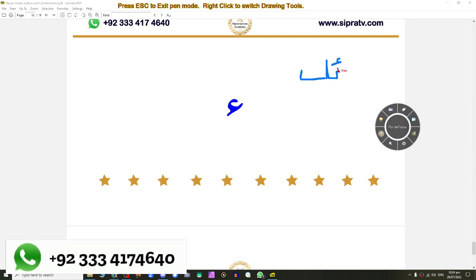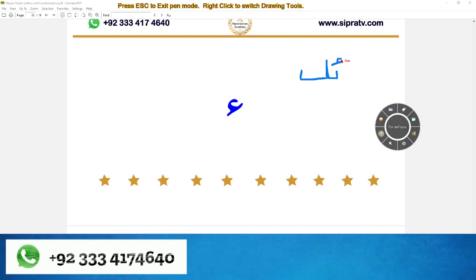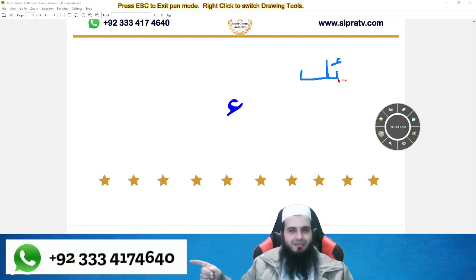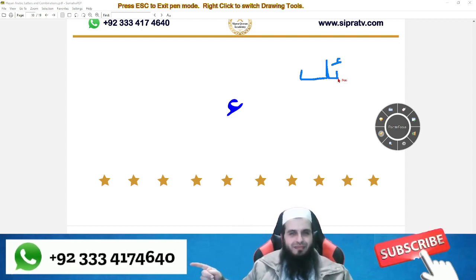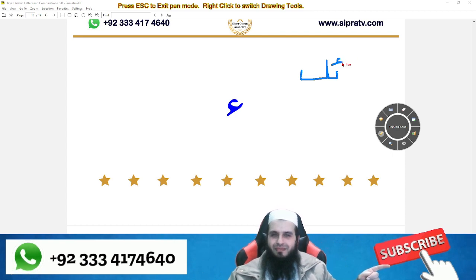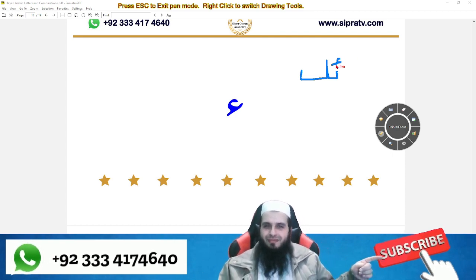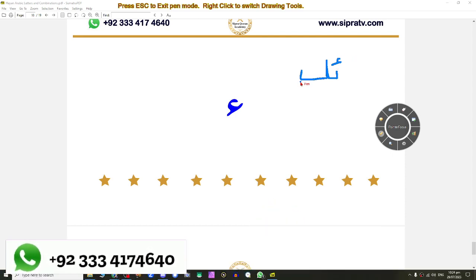There will always be a gap. One spike will be there if it comes in the beginning or in the middle of a word, and a small size Hamza will be written like this. So this will be Hamza Kaf. Say Hamza Kaf. Hamza Kaf. That's it. Good job.